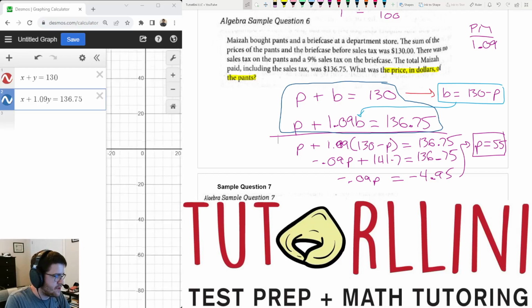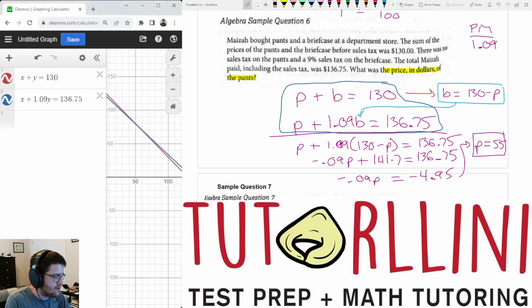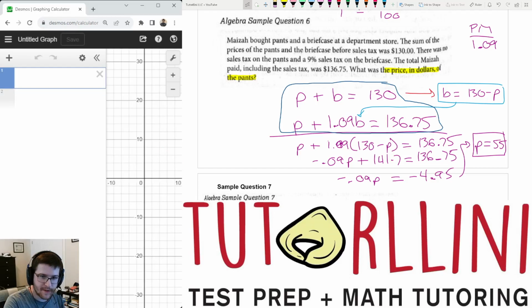I can't see it, so I'm going to zoom out. And it seems like it crosses somewhere over here. Let's click on it. And it says X is 55, so X is P. That's the first thing. And then Y is the briefcase, so the briefcase would be $75. Great, very good. Let's get rid of this. Let's come back over here.